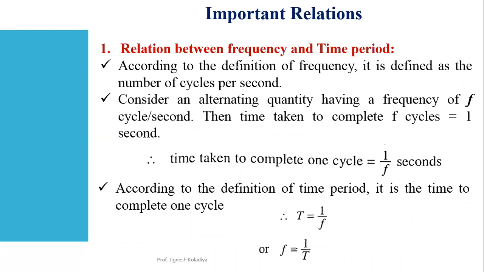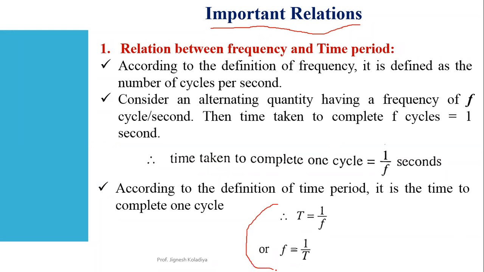And then we started the important relations that we normally use in calculation of numericals. Small equations are there that we normally use, and 2 different relations we have already completed, like the relation between frequency and time period.